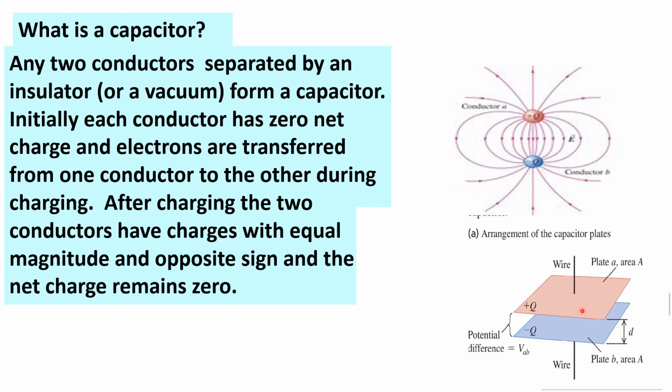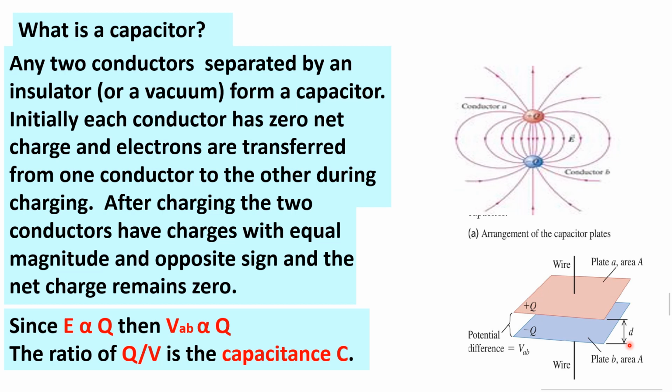Now, since the two plates are charged oppositely, positive and negative, there is an electric field established in the region between the two charged plates. And this electric field is said to be directly proportional to the magnitude of the charge in each conductor.